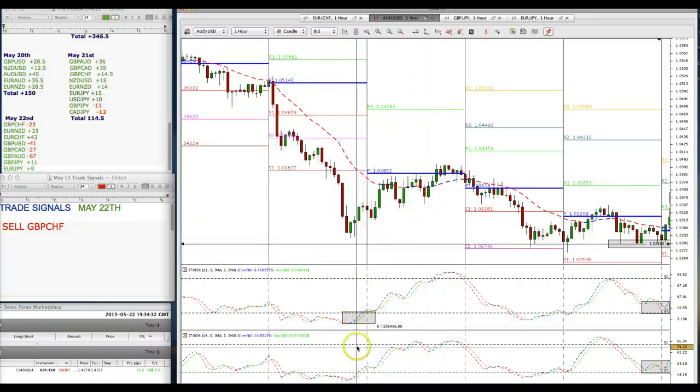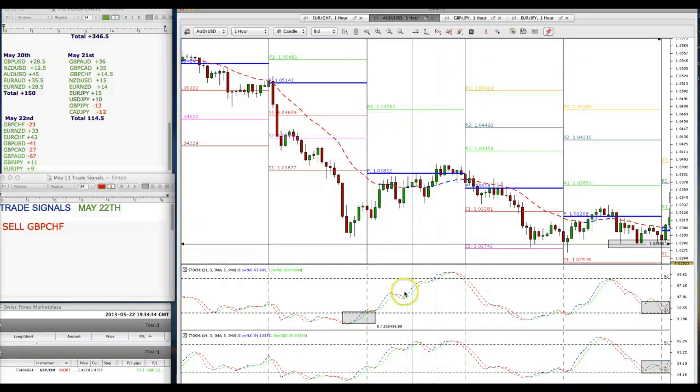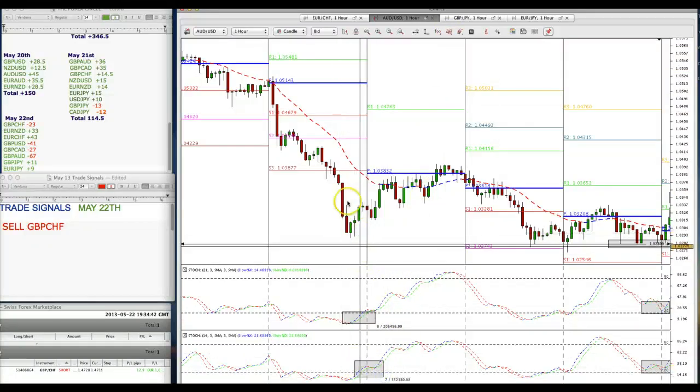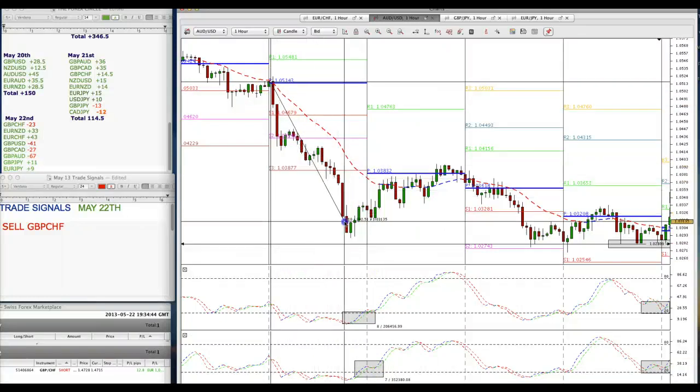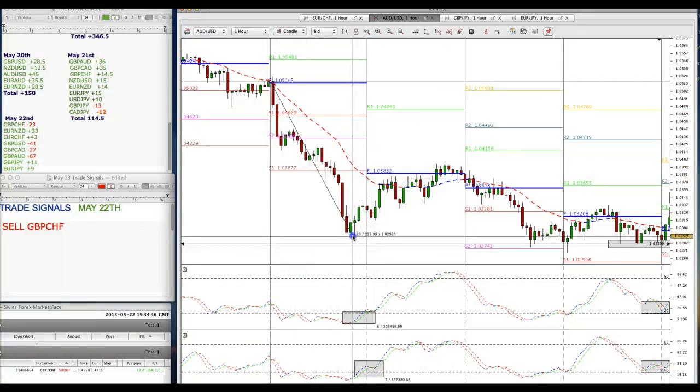Time of entry, stochastics on both indicators, notice both oversold. So this is how we qualify trades. Number one, how many pips has the market put in before I take that trade on a color change candle? 223, exceeding its daily range, which usually is about 80 pips on Australian dollar.